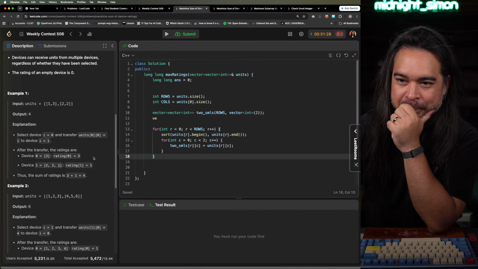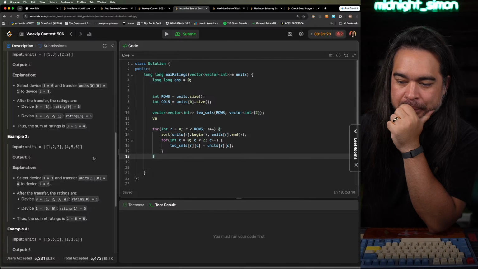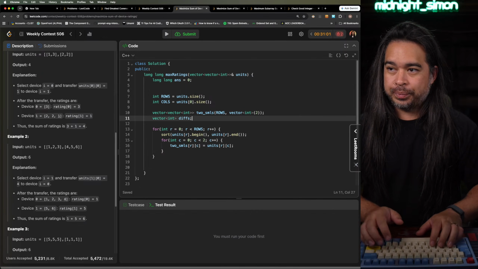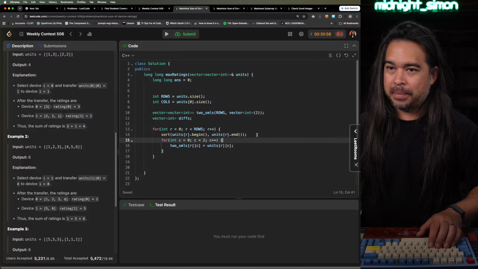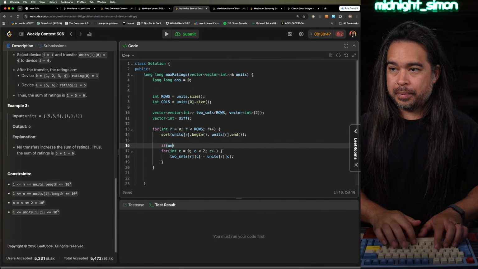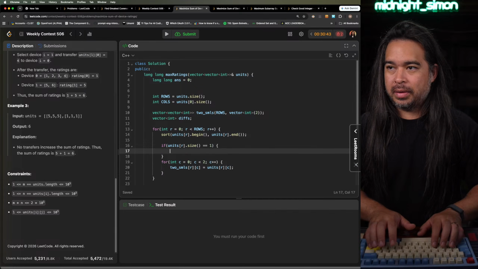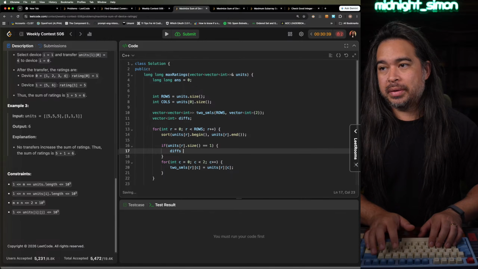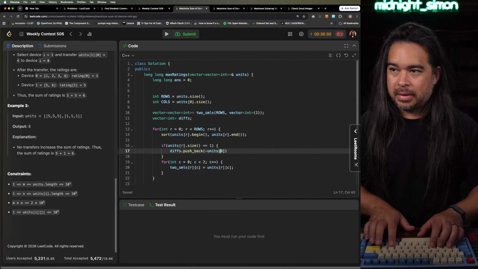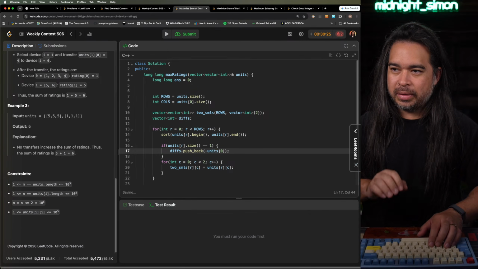Alright. Let me try. So if the size is 1, then the diff would be negative the first unit, because we'll take those points out completely.